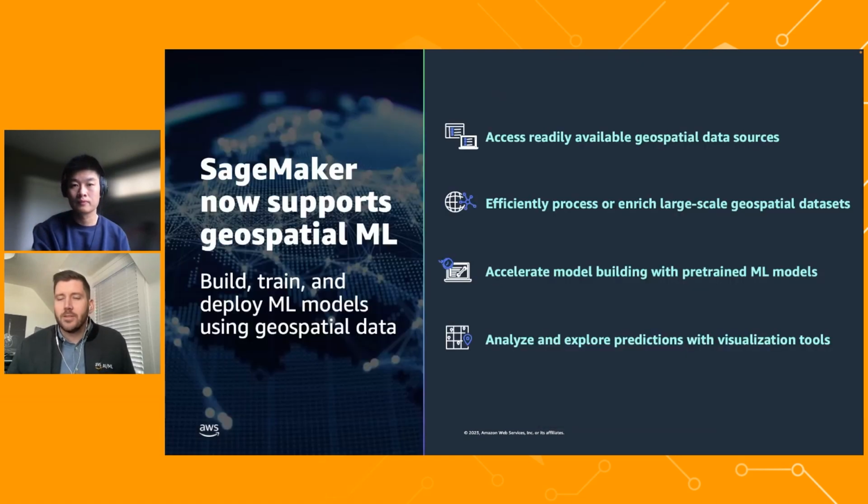So SageMaker Geospatial helps address those pain points, accessing high quality data. Also, how do we use pre-trained models? Many times the analysis that we want to do as a data scientist using geospatial data is very common. It's common to the geospatial analyst, and this might be analysis like land use segmentation.